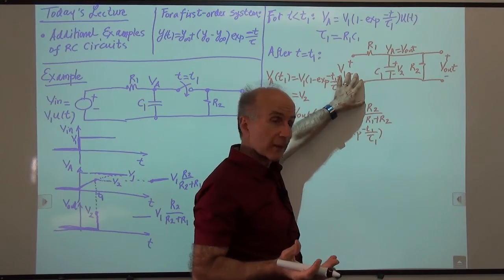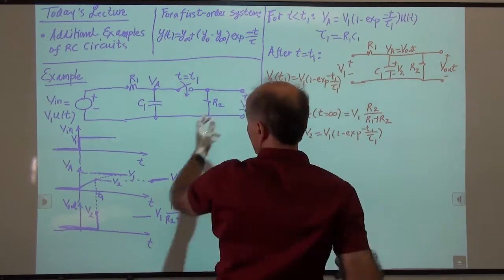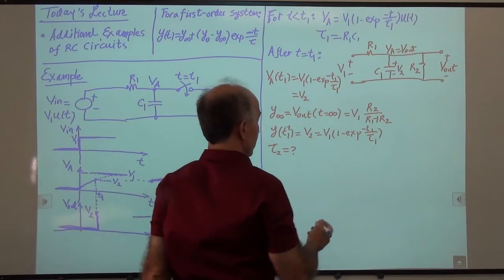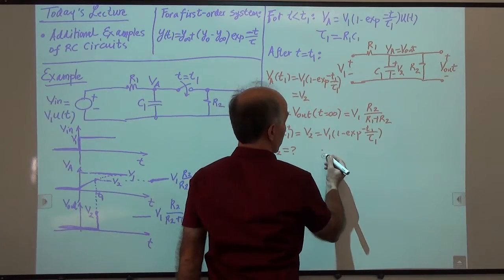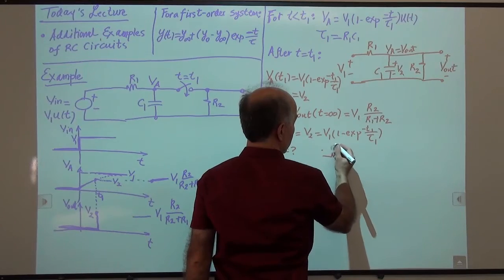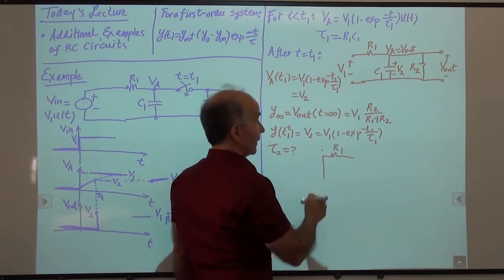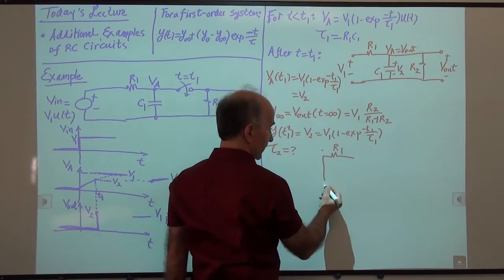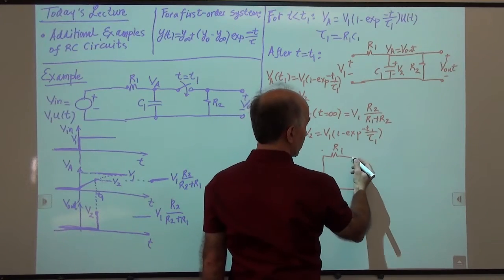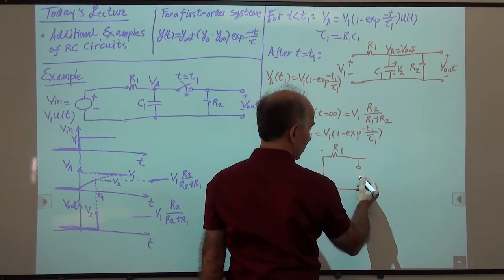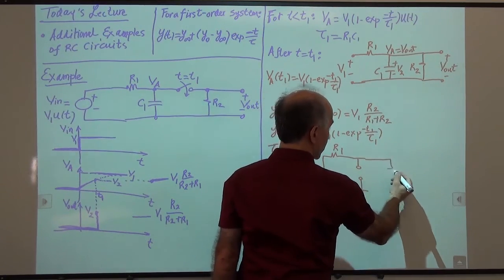Independent, which one is independent? Well, this one, right? This is an input. This input is set to 0. So the circuit now reduces to this. We have R1. The input is set to 0, becomes a short circuit. The capacitor is taken out. And we have another resistor here.